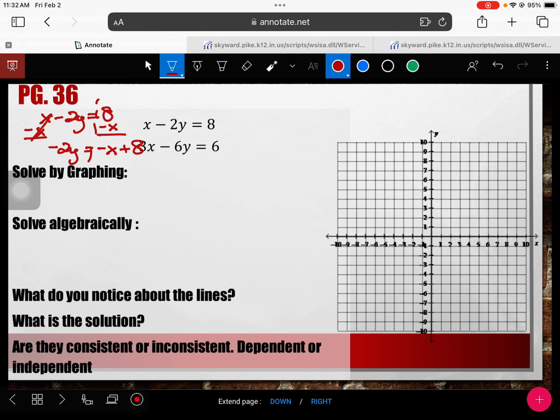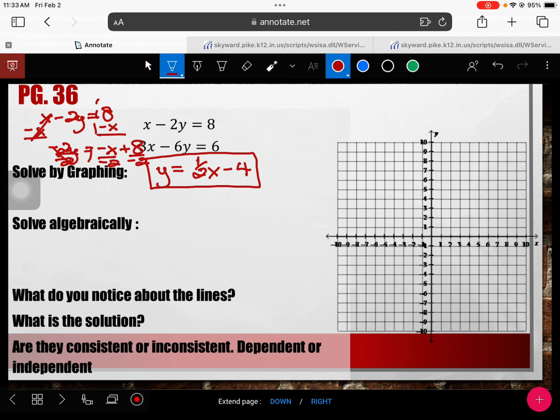So what should I do here? Divide by negative 2. So y is equal to negative divided by negative is positive 1/2 x minus 4. Do you agree? Okay. So that's the first equation.